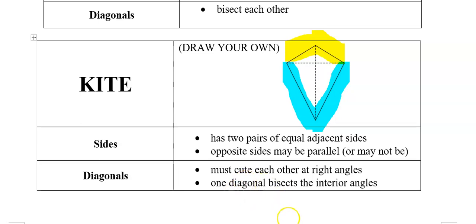Now, the opposite sides may or may not be parallel. The diagonals must cut each other at right angles, and one diagonal will bisect the interior angles.